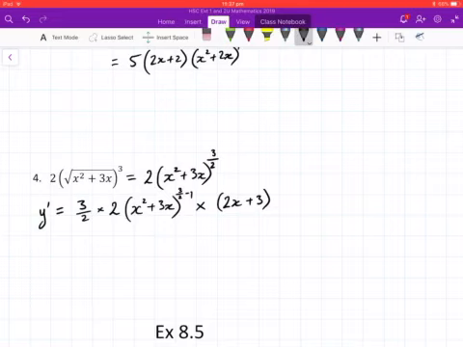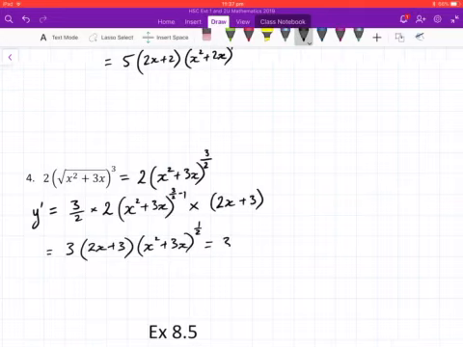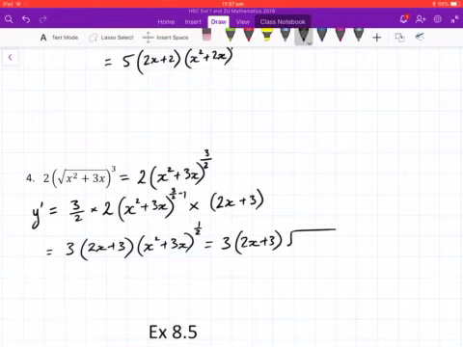So 3 on 2 times 2 is just 3, and I'm going to bring that (2x plus 3) over here. Now this is (x squared plus 3x) to the power of 1/2. Again, typically we don't like to see fractional indices in our final answer, so I'm going to write this as 3 times (2x plus 3) times the square root of (x squared plus 3x).